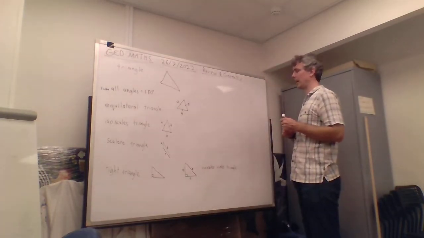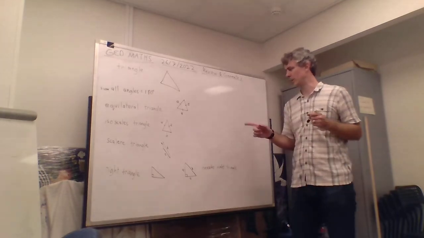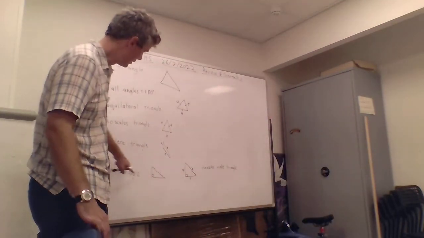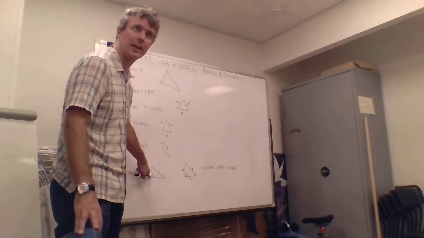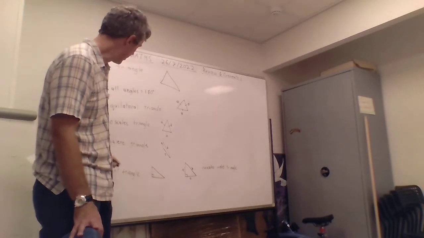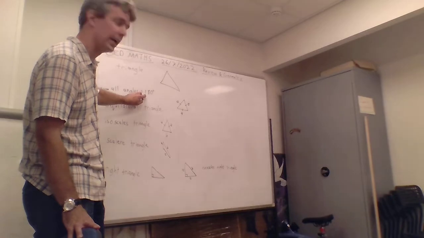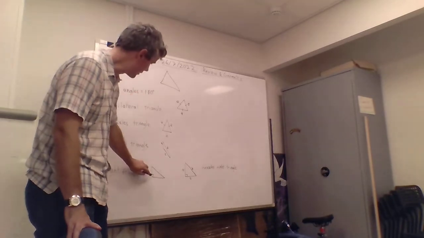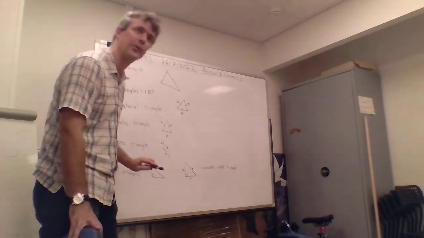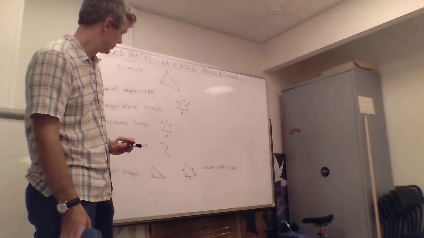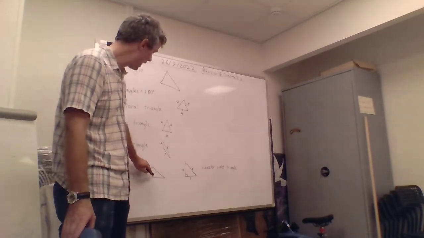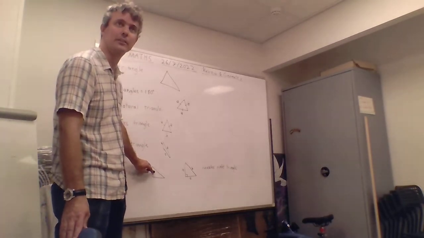So, well, let me keep on going with the types of angles. So we have a right triangle if it has a right angle in it, right? Now, because they all add up to 180, if this is 90, it means these two together also add up to 90. Yeah. 45. So what that means is you can only have one 90-degree angle in a triangle.